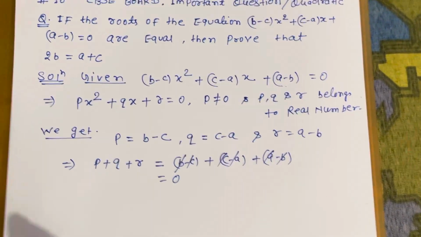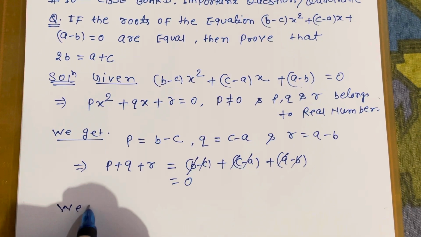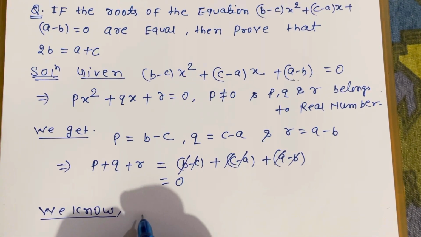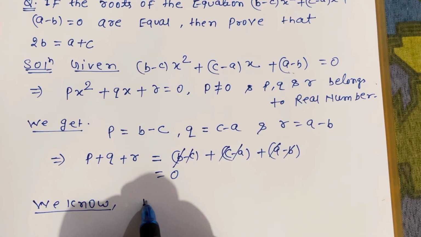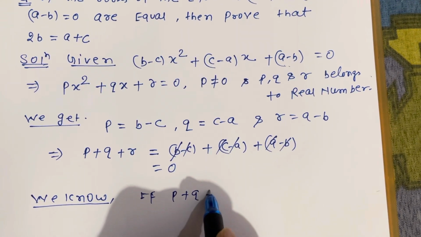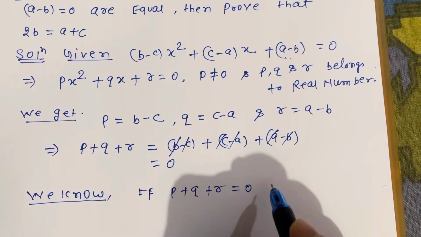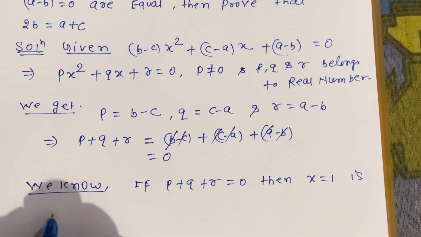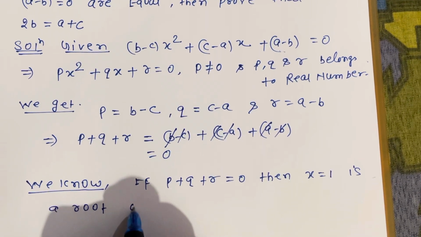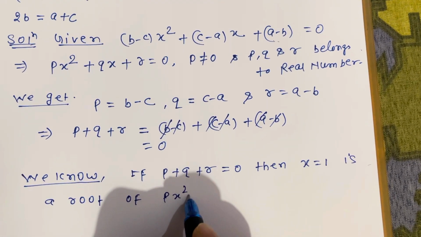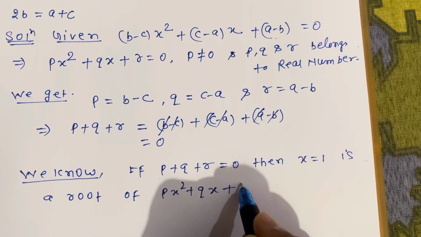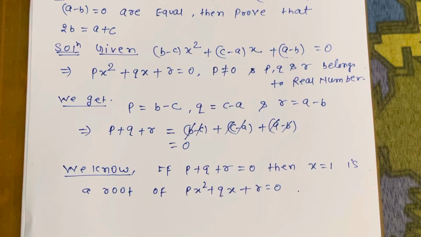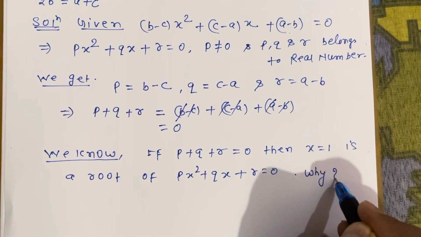b and b cancel, a and a cancel, c and c cancel, so it is equal to 0. So what we know is, if p plus q plus r is equal to 0, then x is equal to 1 is a root of px square plus qx plus r is equal to 0. You should ask one question: why?